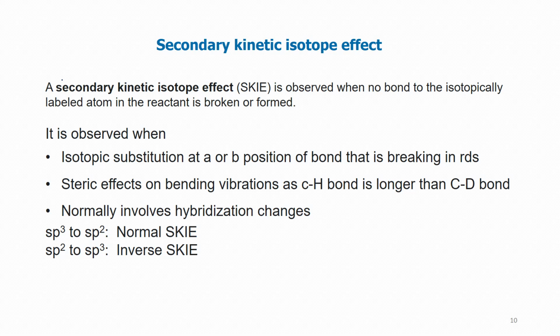Because of this greater bond length, whenever there is an adjacent reacting center, it creates a steric effect greater than that of the CD bond. So that's how it affects the reaction rate of the reaction. So now there are two types of secondary kinetic isotope effect. One is normal secondary kinetic isotope effect and another is inverse kinetic isotope effect.